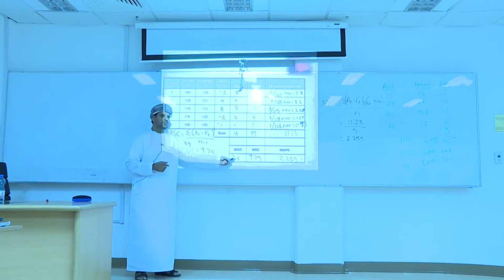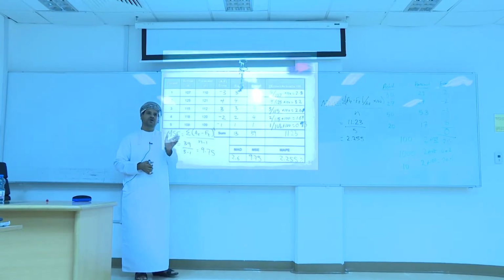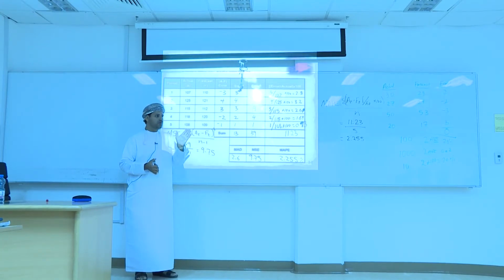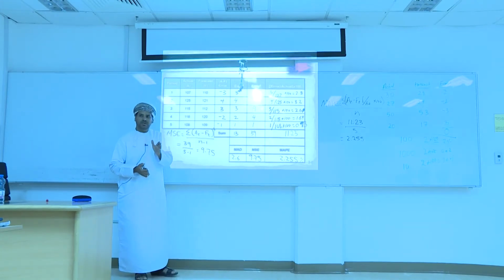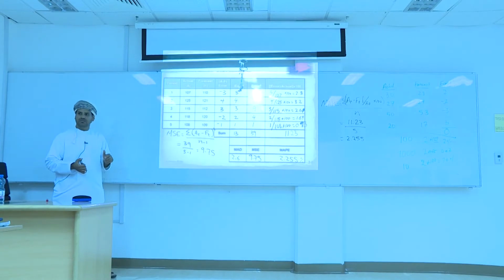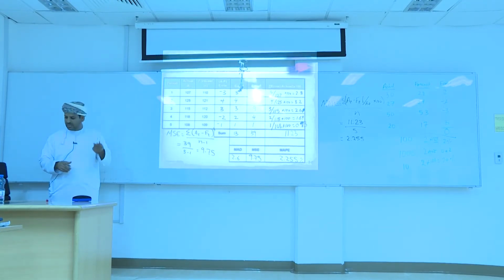You are supposed to compare between different forecasting methods, not different forecast accuracy measurements like MAD. You compare between MAD and MSE or MAD and mean absolute deviation. You only select one of them. It's all right. Okay. So do you have any question from this one? Is that clear? Okay, we need to solve more problems, of course, but that will be later on, not today.